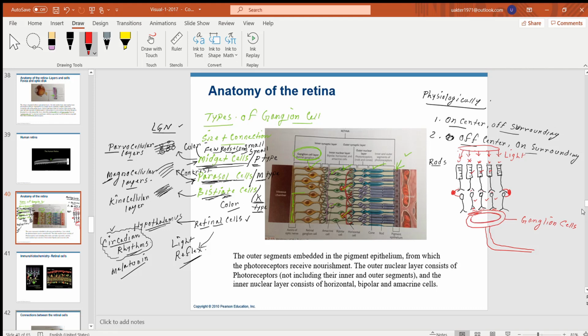But which part of this ganglion cell? The middle part here. Okay, so this middle part will be excited. Is it clear?